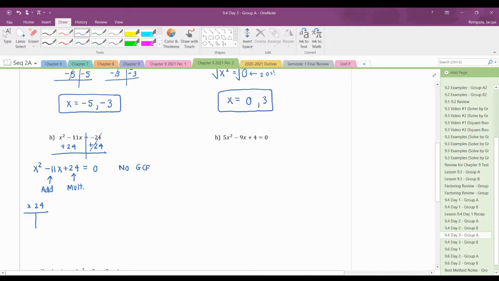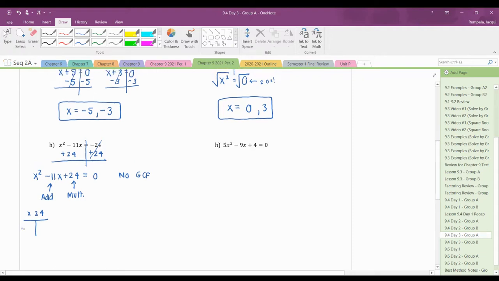Remember, a negative times a negative is positive, but it adds to a negative. So if I do negative 3 and negative 8, a negative times a negative will get me that positive 24. And if I add negative 3 and negative 8, it's going to get me that negative 11 that I'm looking for. So we're going to factor it into x minus 3 times x minus 8 equals 0.